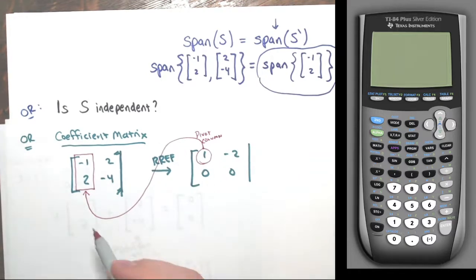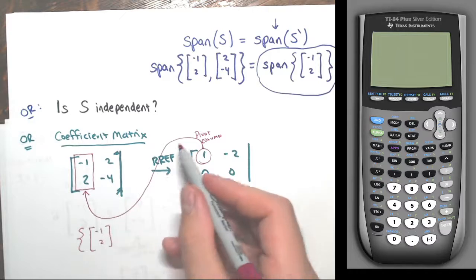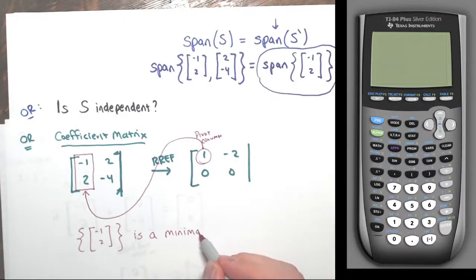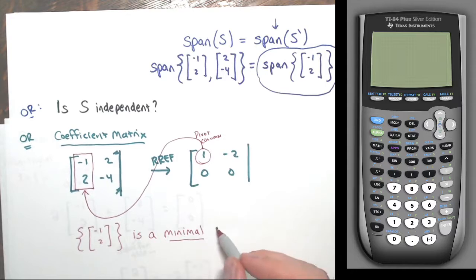So the set with just the vector -1, 2, which corresponds to that first pivot column when you're in reduced row echelon form, is a minimal spanning set for W.